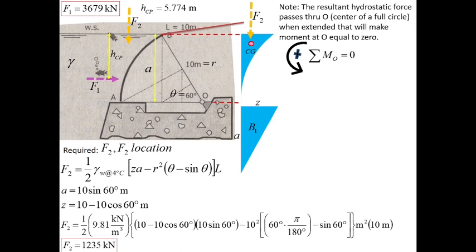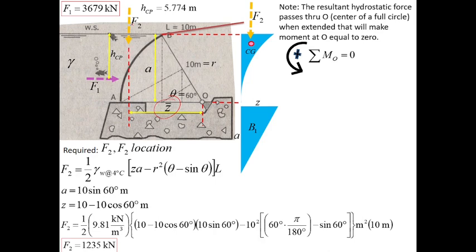Considering clockwise direction as positive. I-consider natin yung clockwise direction as positive. Consider muna natin itong part na to. Z-bar, sabihin natin, distance between point O and the center of gravity.